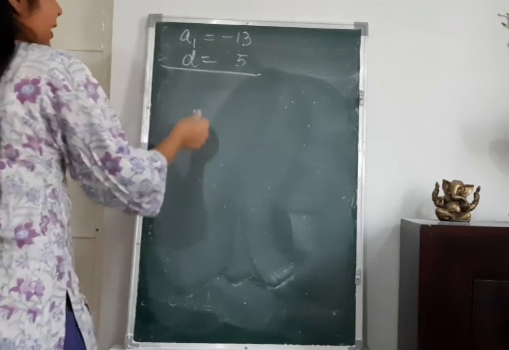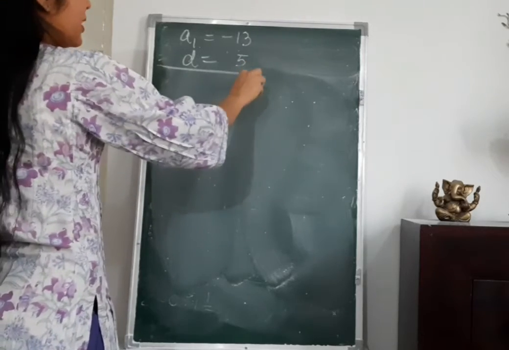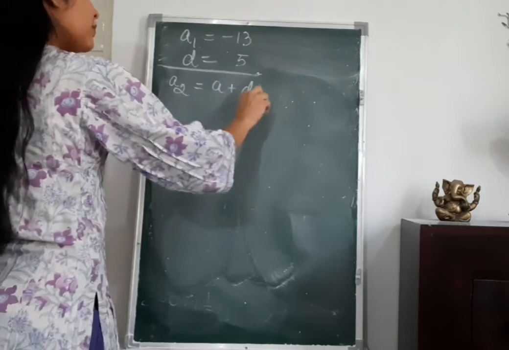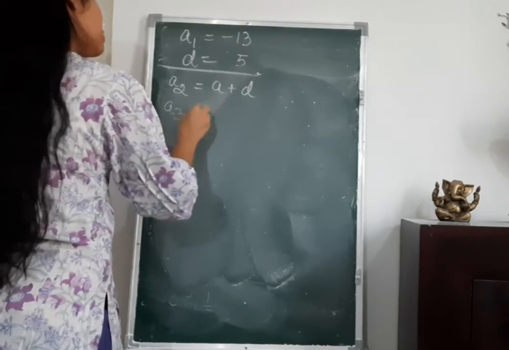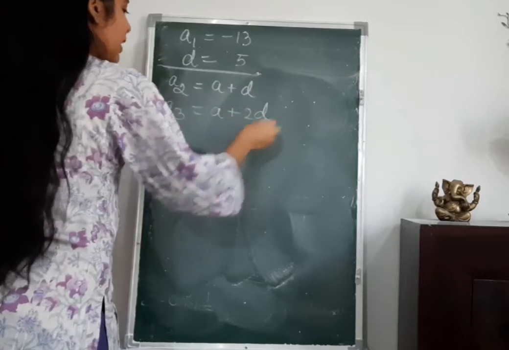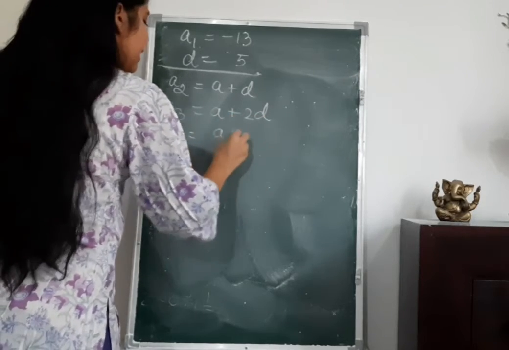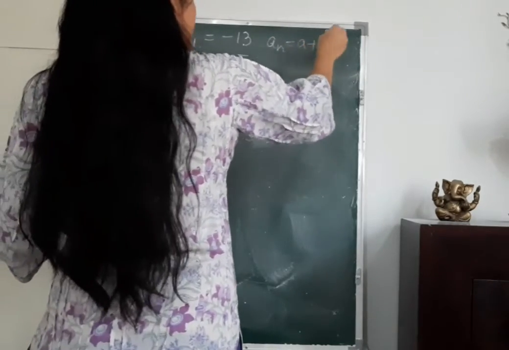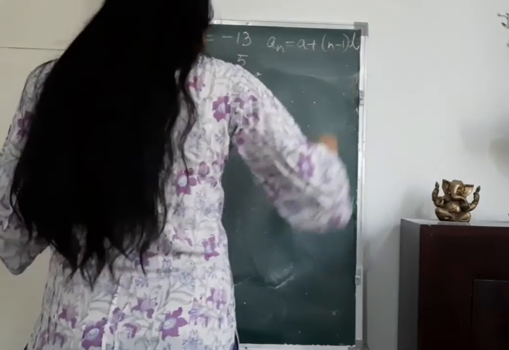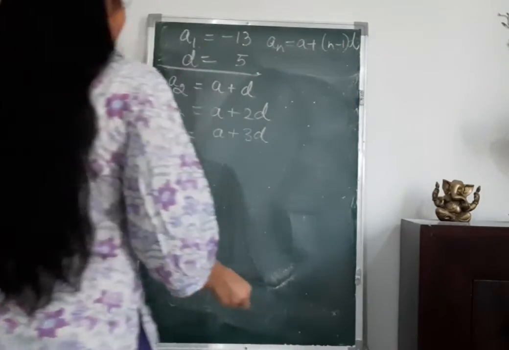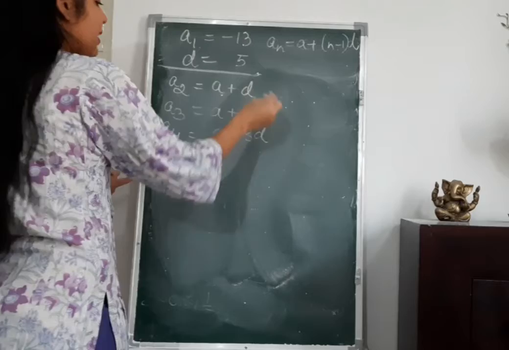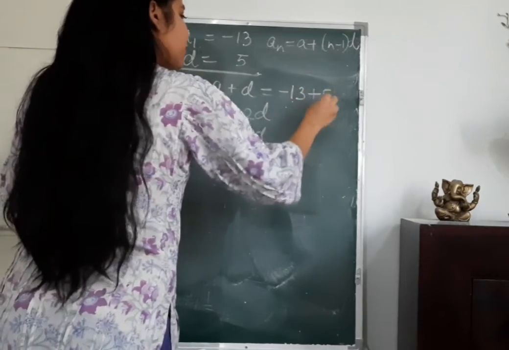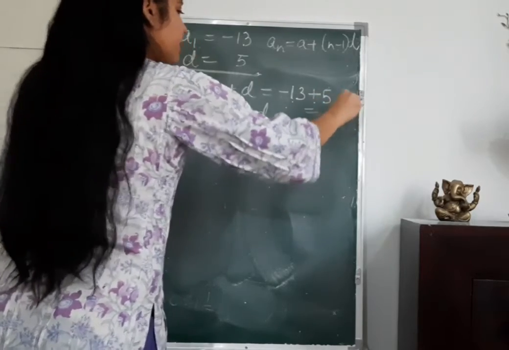So if I have A1 and I have common difference D, can I say A2 will be equal to A plus D? And A3 will be equal to A plus 2D, and A4 will be equal to A plus 3D. By using the formula, AN is equal to A plus N minus 1 into D. Now, A plus D, that is minus 13 plus 5 gives me minus 8.